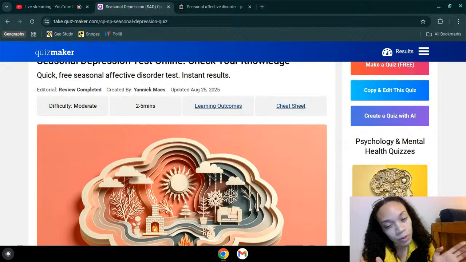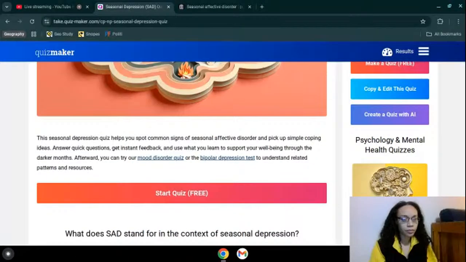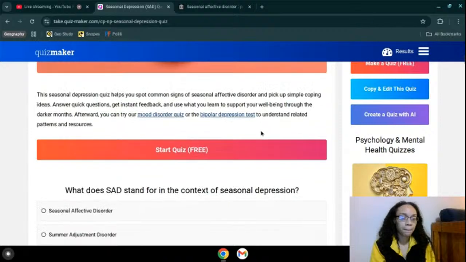This seasonal depression quiz helps you spot common signs of seasonal affective disorder and pick up simple coping ideas. Answer quick questions, get instant feedback, and use what you learn to support your well being through the darker months. Afterward, you can try our mood disorder quiz or the bipolar depression test to understand related patterns and resources.